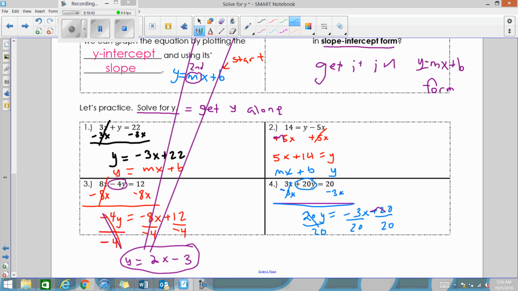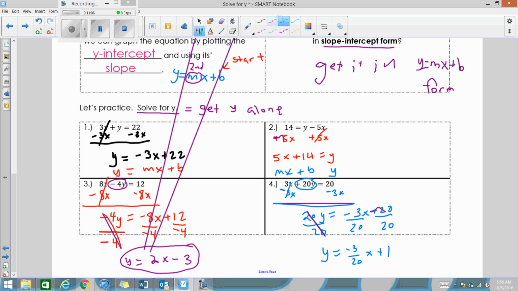All right. So we get y equals. Now, negative 3x divided by 20. We do not want to turn that into a fraction or into a decimal. We're leaving it as negative 3 over 20x. That's your slope. That's fine. Slopes are awesome as fractions. So leave it like that. And then 20 over 20 is plus 1.